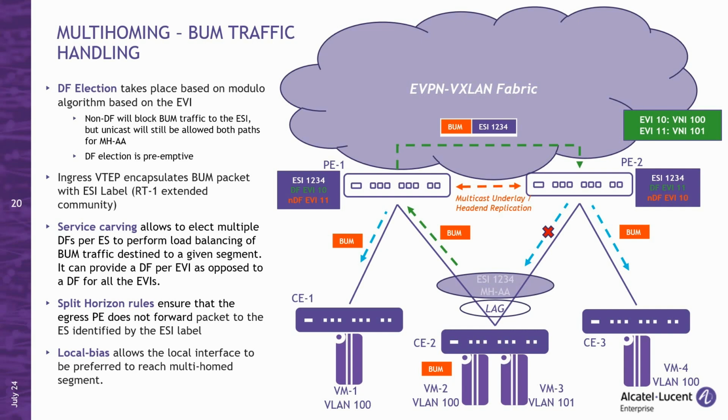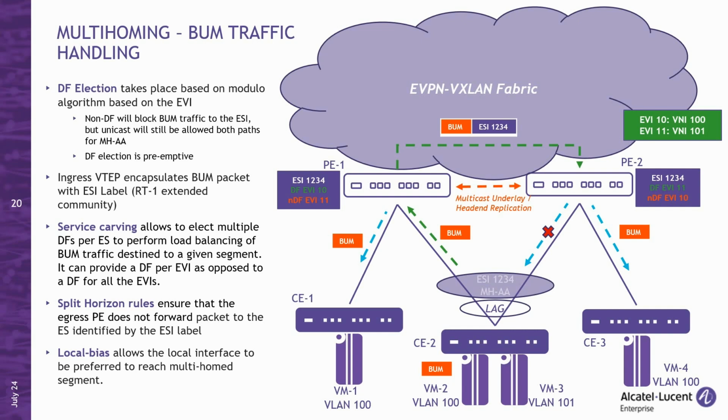Service carving also allows electing multiple designated forwarders per Ethernet segment to perform load balancing of BUM traffic destined to a given segment. It can also provide a designated forwarder per EVI as opposed to a designated forwarder for all the EVIs. At the same time, split horizon rules ensure that BUM traffic sent to the non-designated forwarder is not replicated back to the ESI.